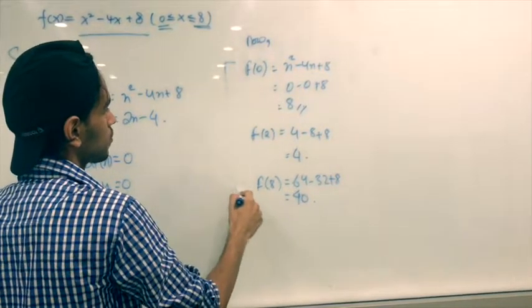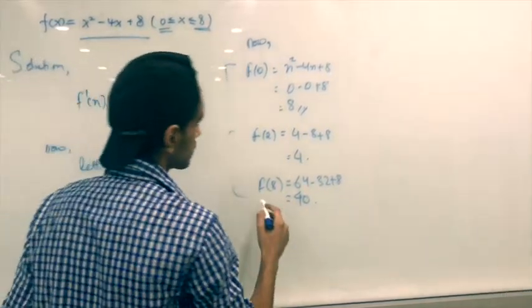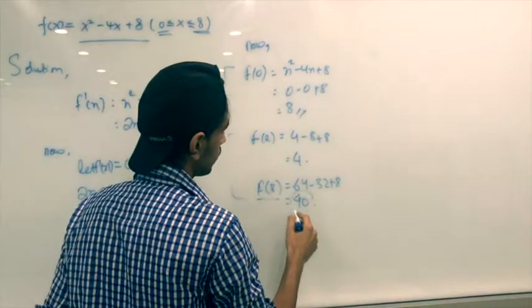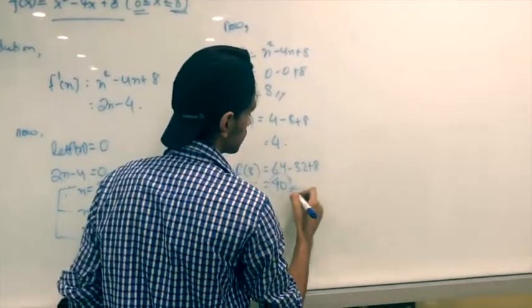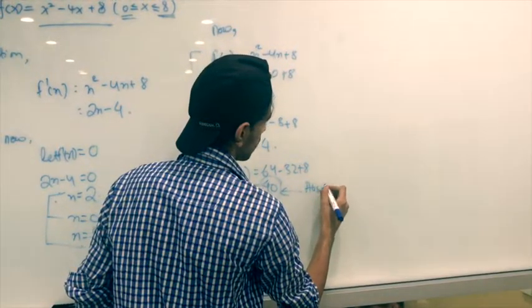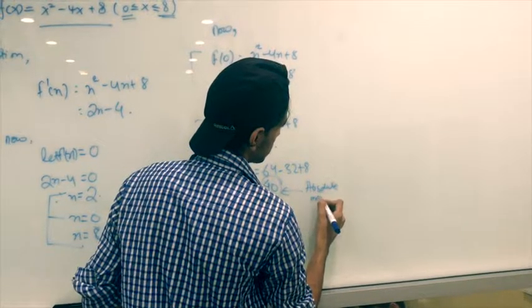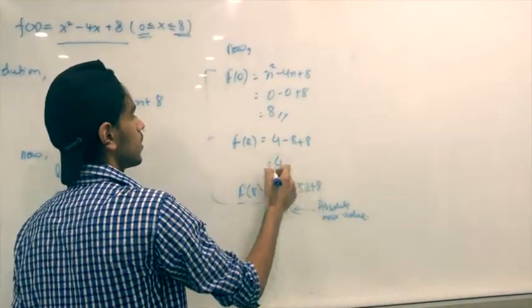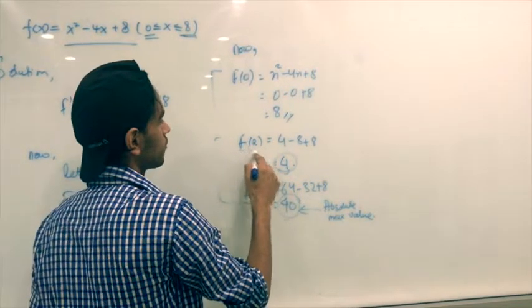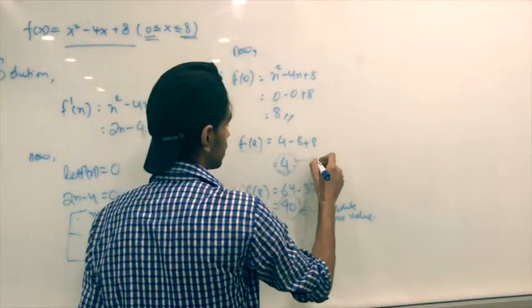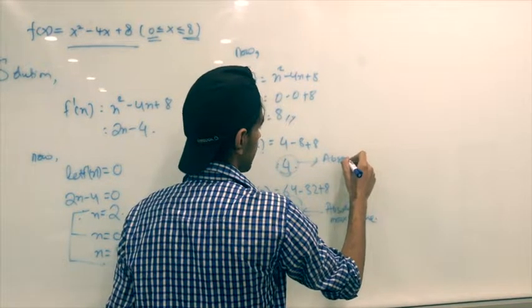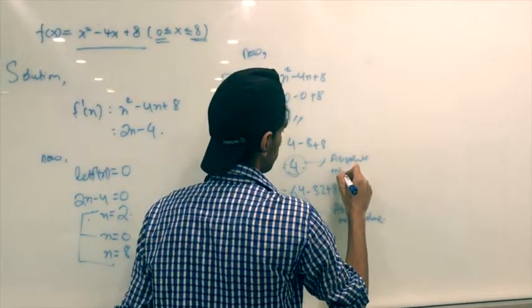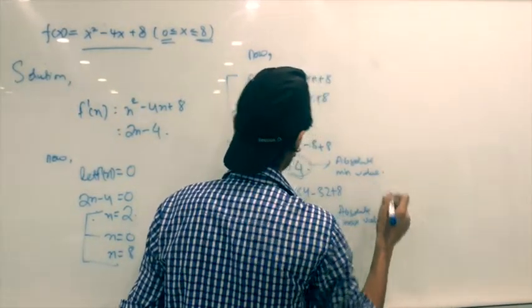Out of all these three points, the maximum value is at f(8), which is 40. This is considered the absolute maximum value, whereas f(2) has the lowest value, 4. This is considered the absolute minimum value.